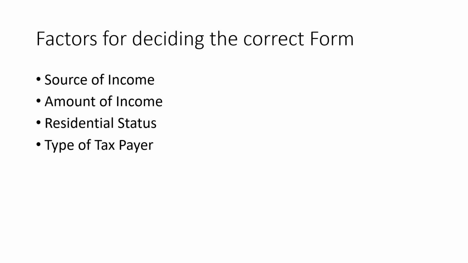So these are the 4 different factors which usually decide which form to use for filing the tax returns. If you are not selecting the right form, there is a chance of rejection of the ITR filing as well. So it will be considered as if you have not filed the tax returns. So it is important that you choose the right form.